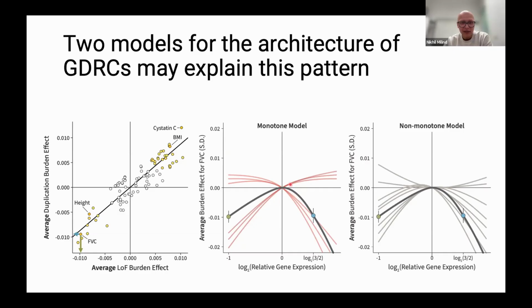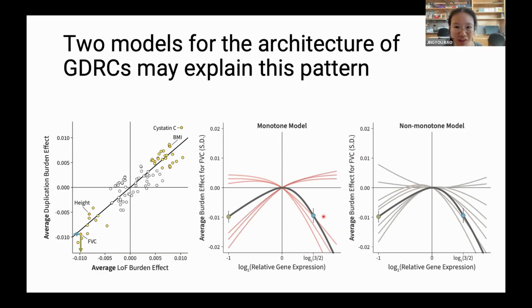Each red curve here represents one gene, and you can see that each of these genes has opposite effects: duplications and deletions have opposite effects. But I've drawn them in such a way that if you average all the points here, you'll notice that the average is below zero. And if I average all of the points on this area, they'll also fall below zero. So we're arguing that the architecture of these curves might look something like this, so that at the gene level they're truly opposite, but once you average them, they end up going in the same direction.